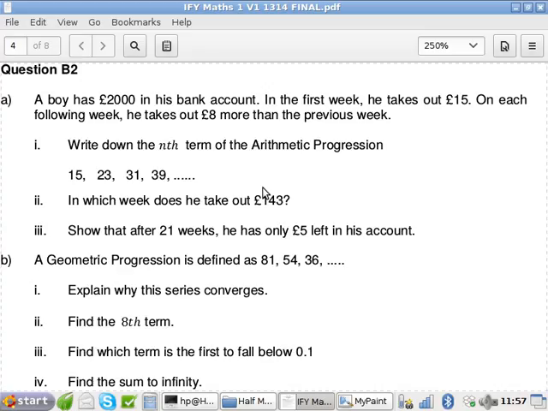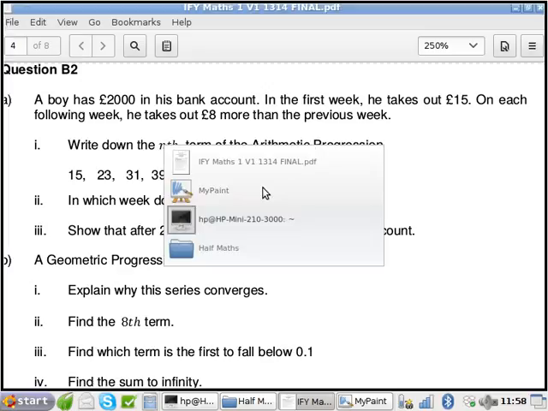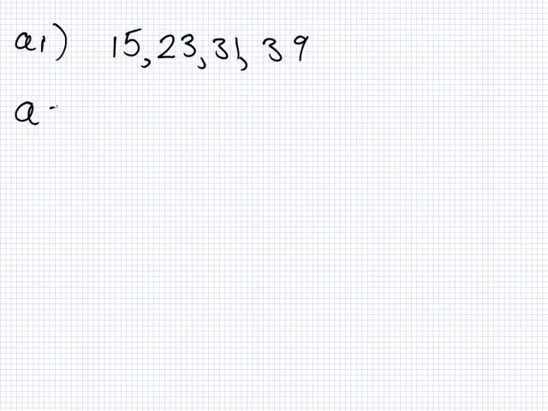Okay, so you should be finishing it now. Okay, so let's have a look at the first part. 15, 23, 31, 39. Here we go. So this is A part 1. So a equals 15, d equals 8.